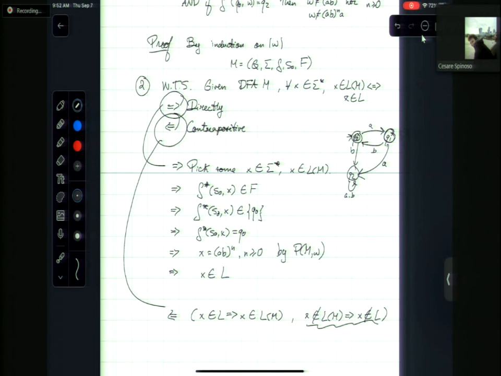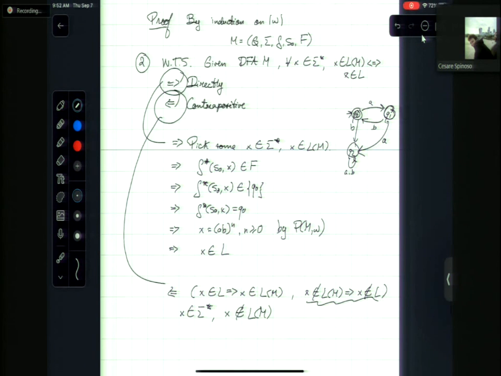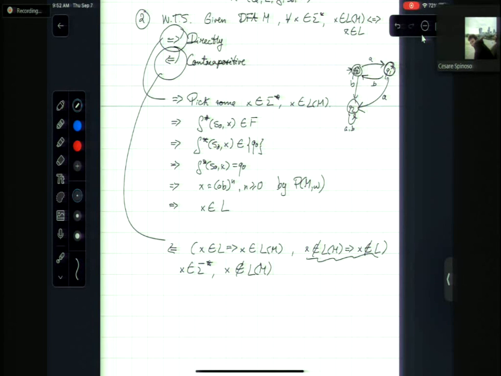And how do I do that? Again, I'm going to start with some X in sigma star, and say that X is not in L of M. That means that if I start at the start state and I read X, then I do not end in an accept state.